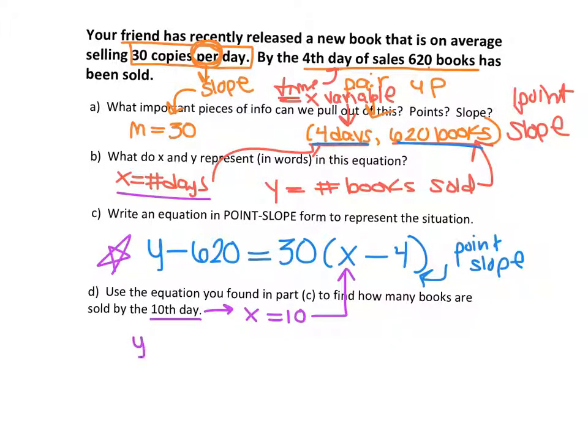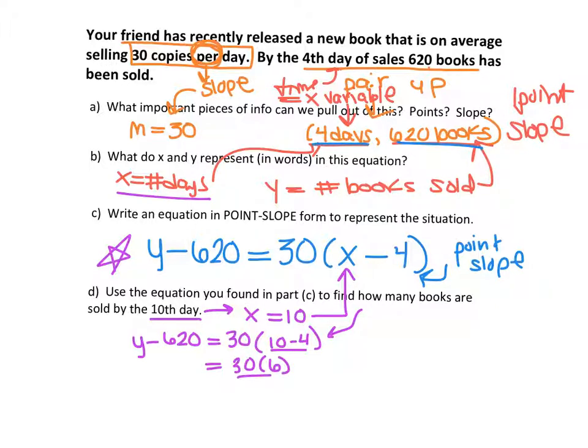So here I have y minus 620 is equal to 30 times 10 minus 4. And then what I'm going to do is solve this for y by itself. So I'm going to start just by simplifying this right-hand side here. I'm going to start with the parentheses. So this is really saying 30 times 6.